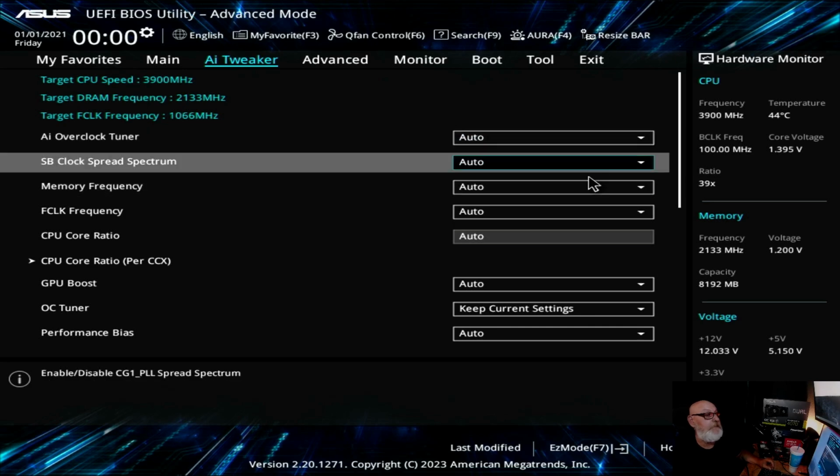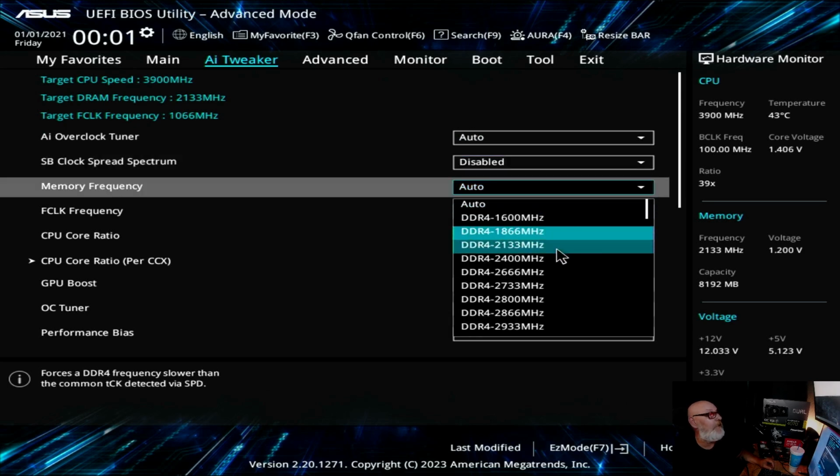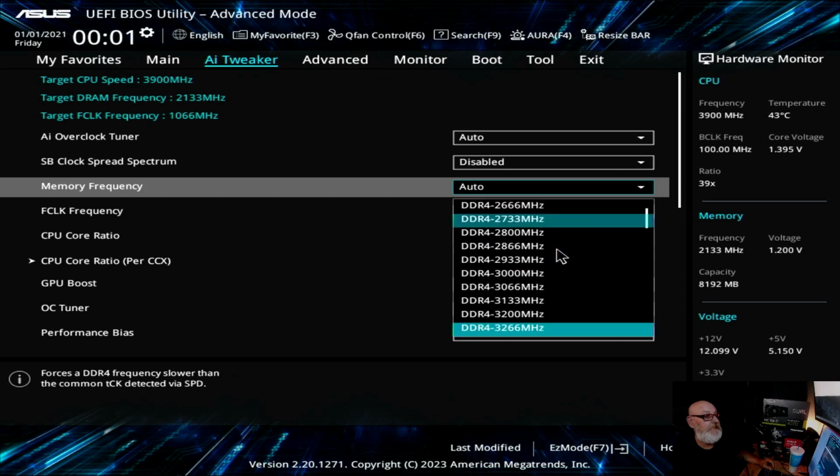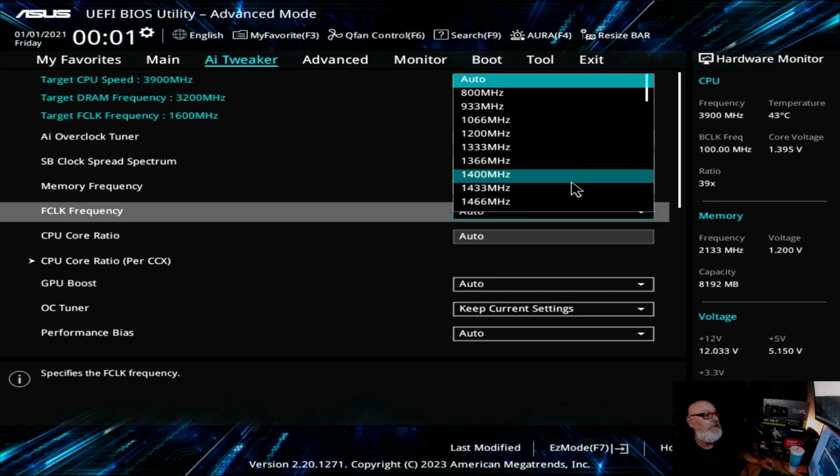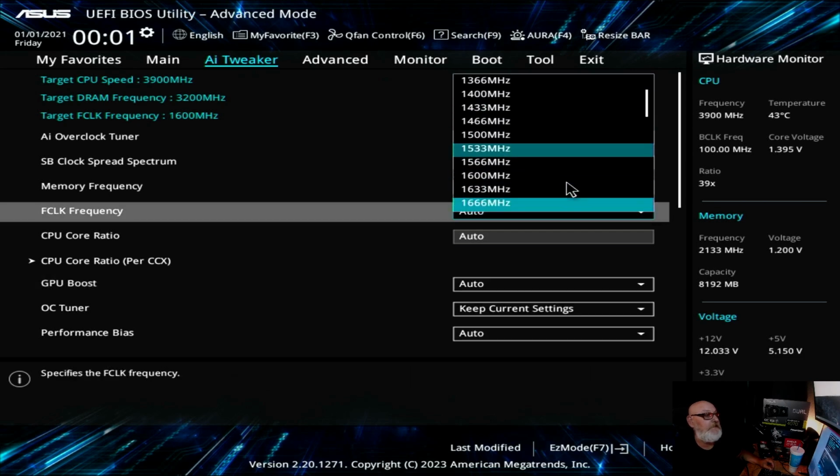I always disable the SB clock spread spectrum. Always disable that. You go back in here to your memory frequency. You put 3200 and you put 1600 there.